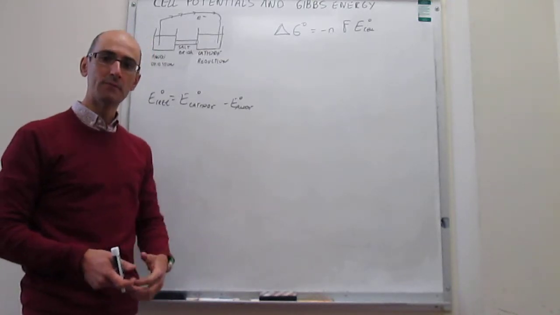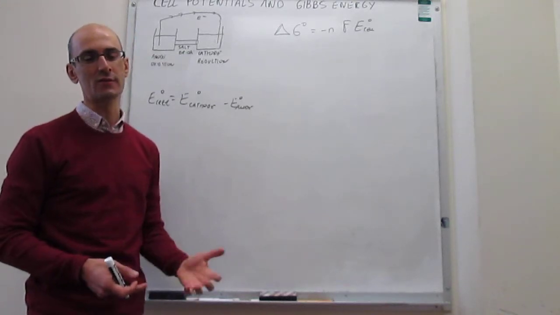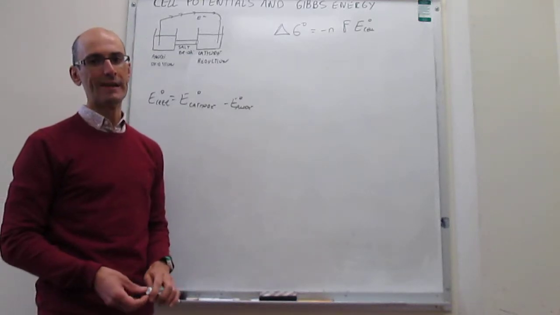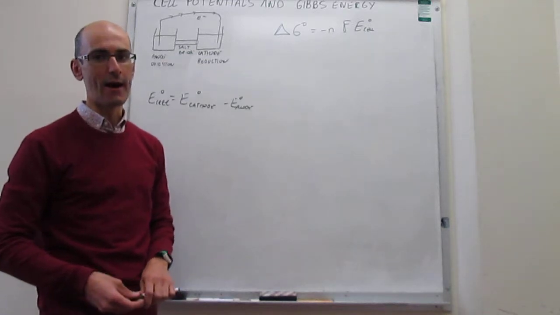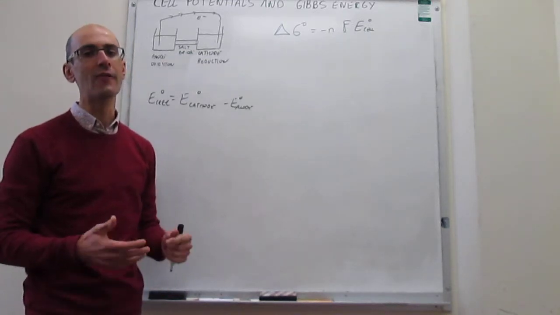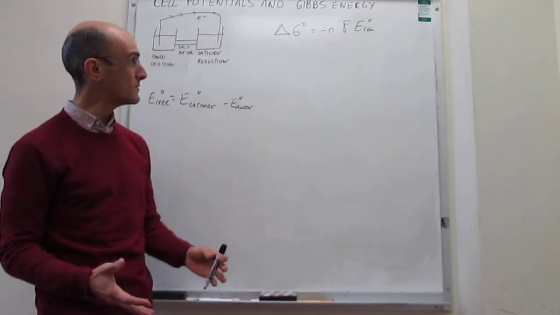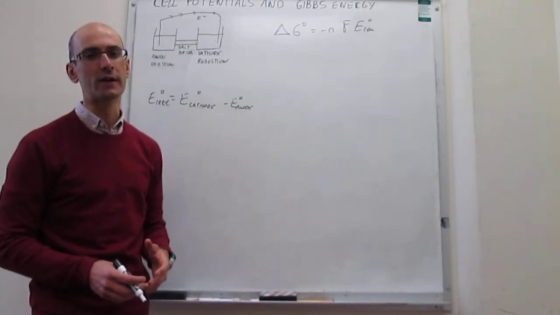But of course, most batteries don't work under those conditions. The question is, can we predict spontaneity and the amount of work you can get out of those batteries under any conditions, not at the standard state? The answer is yes, and that's where the Nernst equation comes in.